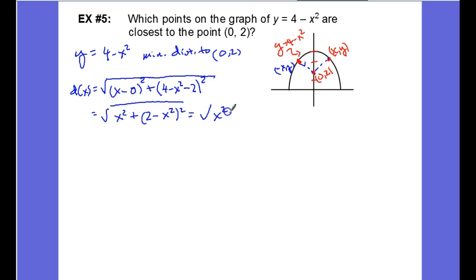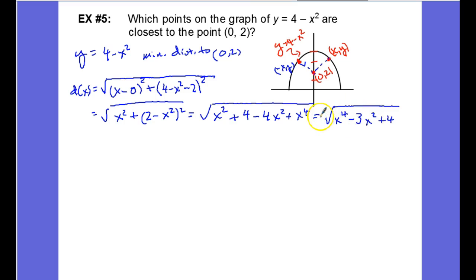We get x squared plus 4 minus 4x squared plus x to the 4th, just squaring a binomial. Now we can combine like terms, and we get x to the 4th minus 3x squared plus 4. At this point, I could take the derivative of this because that is my distance formula, but here's my question.